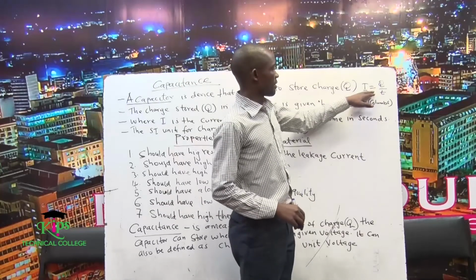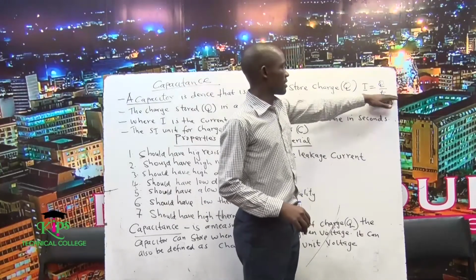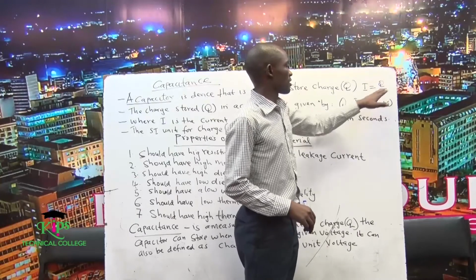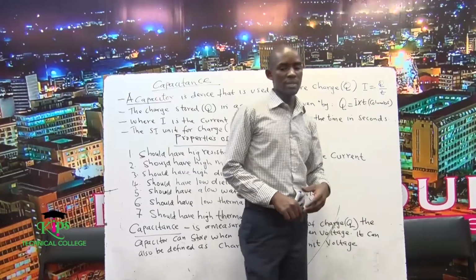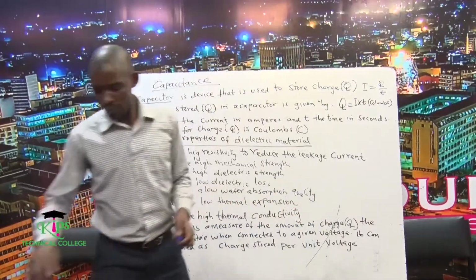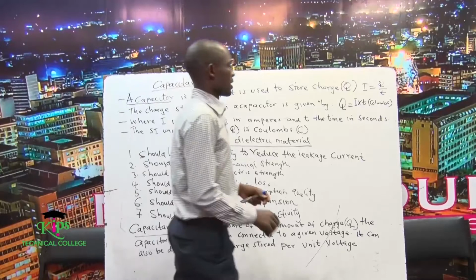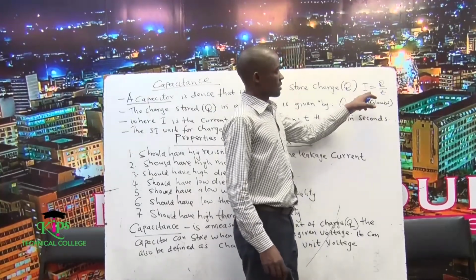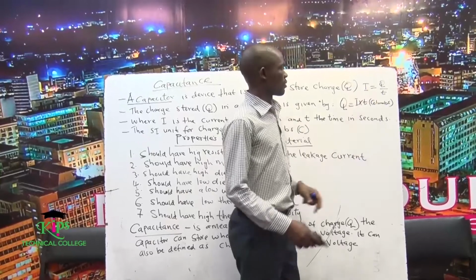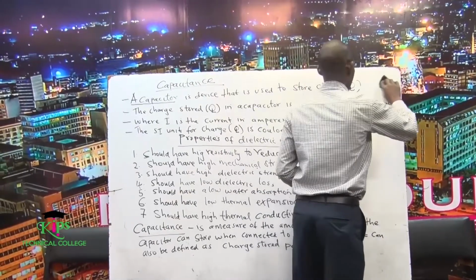So current is given by charge flowing against time. That is why if you cross multiply, you will get Q is equal to I multiplied by time t. So basically that is how you get your charge. We have done that some time back, and I think you can remember and reconnect.